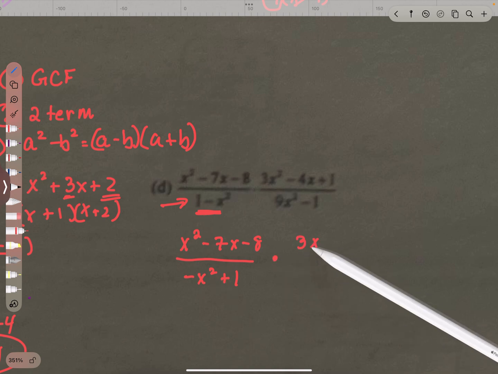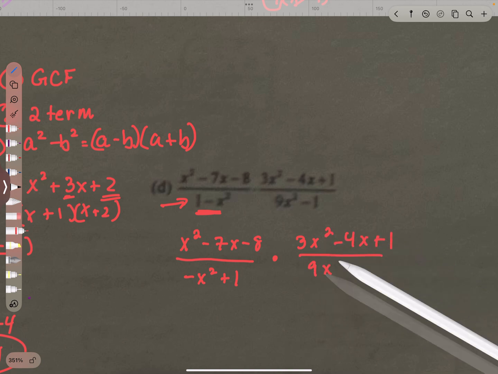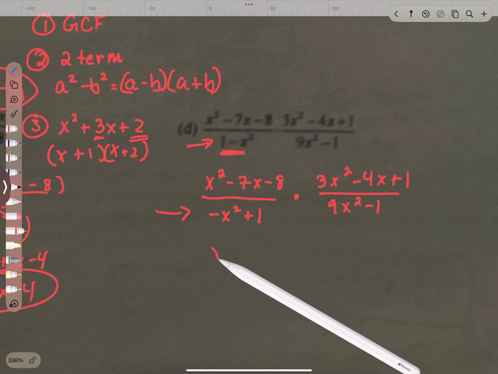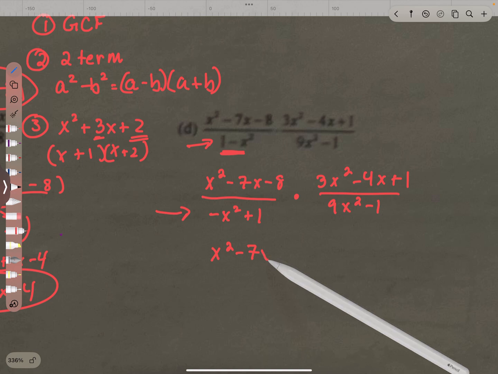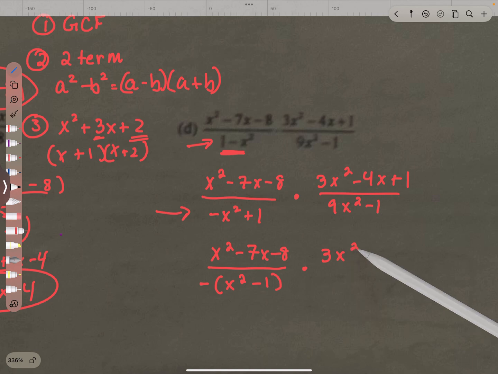I wouldn't do anything to the other one, but I would then pull out a negative in this one down here. So there's my numerator, and I'm going to take that negative sign, factor it out, and it'll change both their signs. And that's going to be a difference of squares at that point, and you'll be able to factor it. Okay.